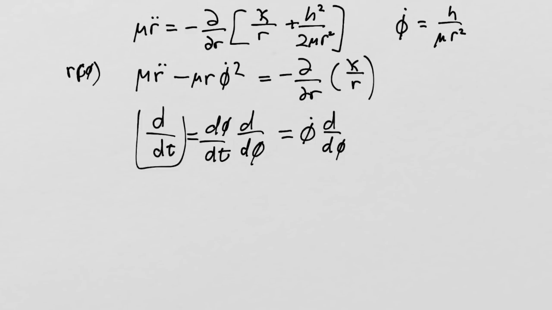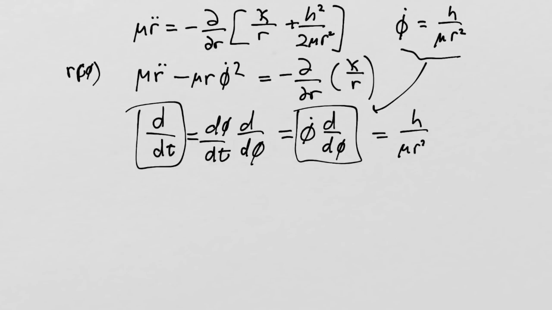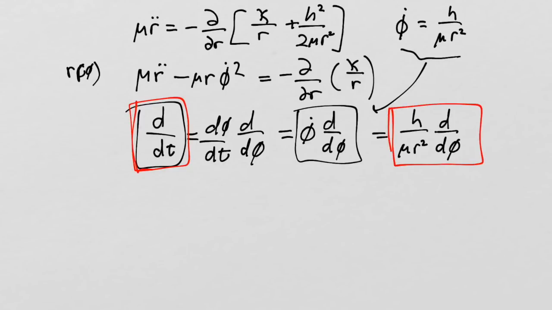So anytime I see a time derivative, I can replace it with phi dot times d d phi, like this. But phi dot, I can use this constant of the motion, and I can say then that this is h over mu r squared d by d phi. So that's the key. Total derivative with respect to time is actually equal to this constant of the motion term, which involves the radial coordinate, times the total derivative with respect to the azimuthal variable.